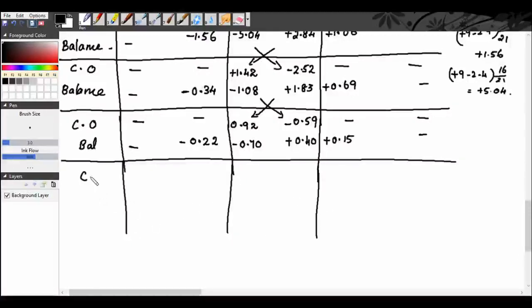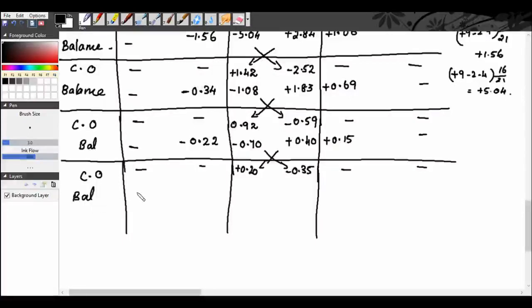So there is no carryover in the span AB. For the span BC, half is carried. So 0.4 divided by 2 we get plus 0.2. Minus 0.7 divided by 2 we get minus 0.35. So we don't have any other moments.